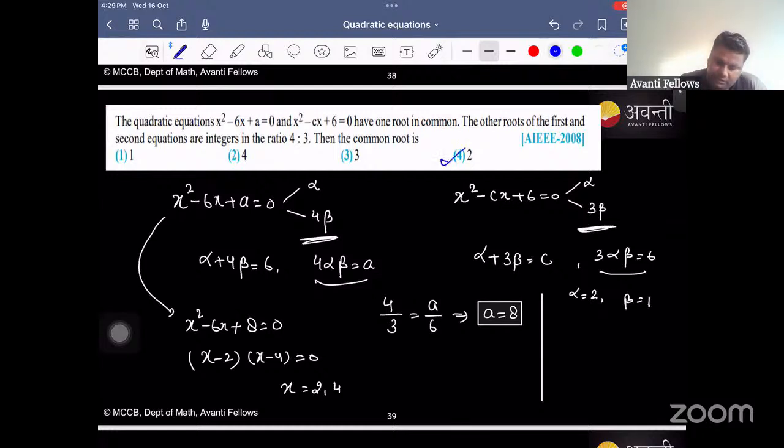Your answer is 2. Okay, let's take another case. What if the common root is 4? Just as a cross check, if I take alpha, the common root, as 4, then beta will be 1 by 2. So this equation itself is not satisfying.